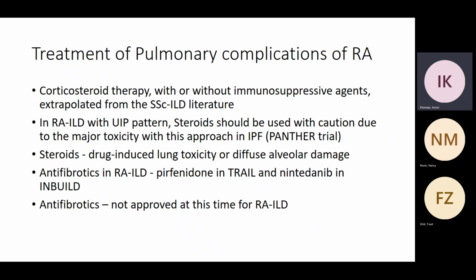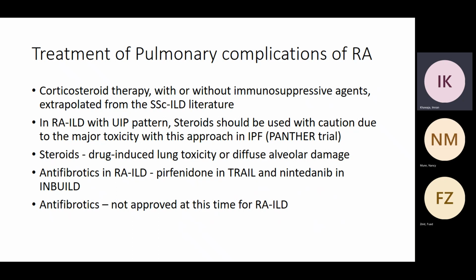So here we still don't know, especially because about 40 to I think 45% of the interstitial lung disease component with RA is UIP pattern. Is it going to behave the same way as the idiopathic one?